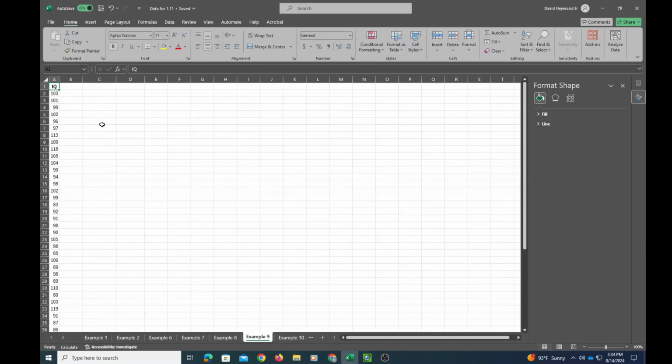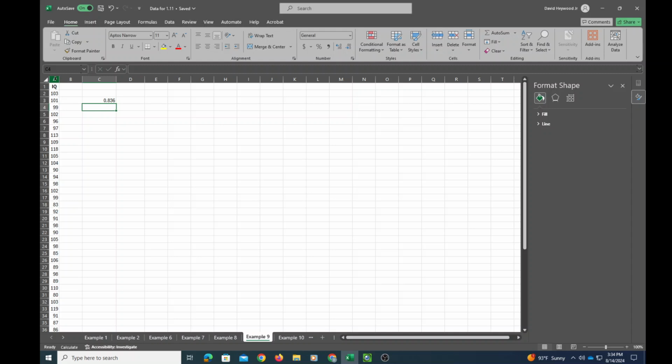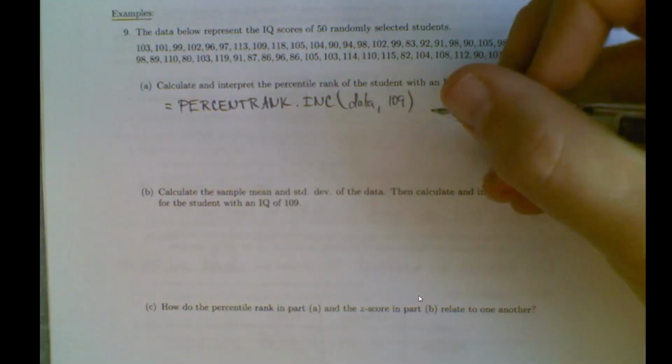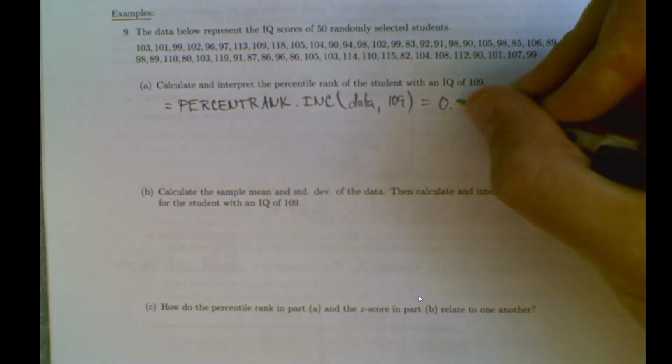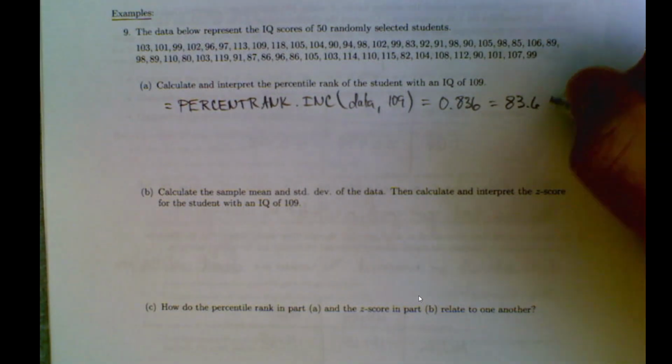This is for example 9, so we'll say equals PERCENTRANK.INC, select the data, and say we want the percentile rank for an IQ score of 109. So that would be 0.836, or in other words, 83.6%.